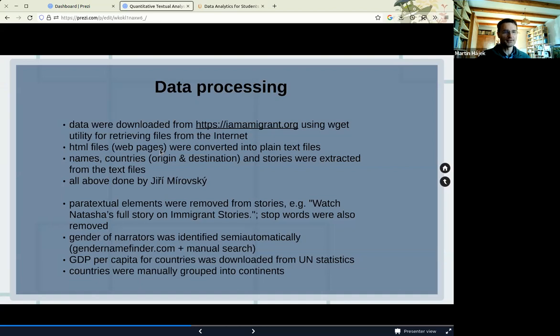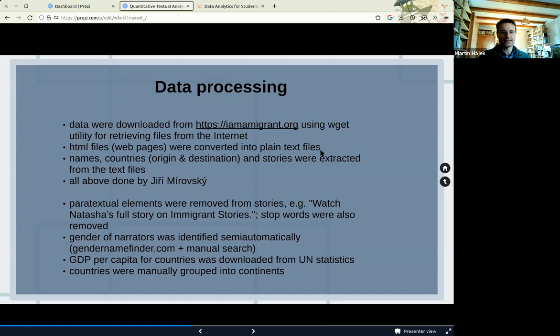So you keep web pages with migrant stories, and you convert them into plain text files. There are scripts that make it possible to convert an HTML file into a text file.